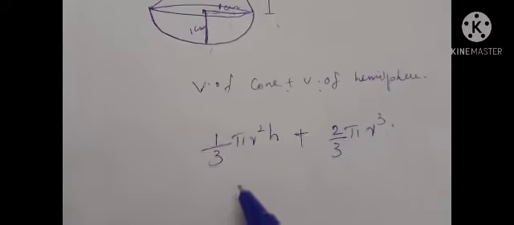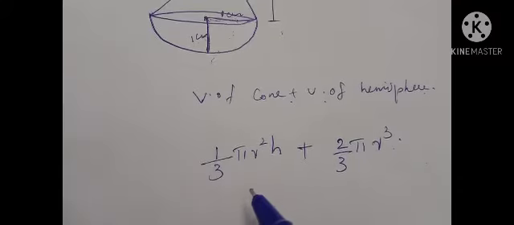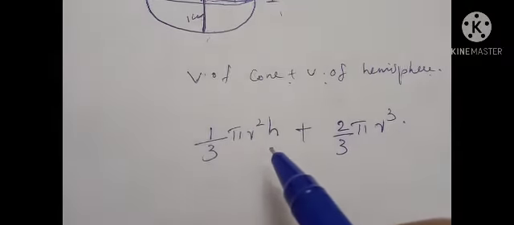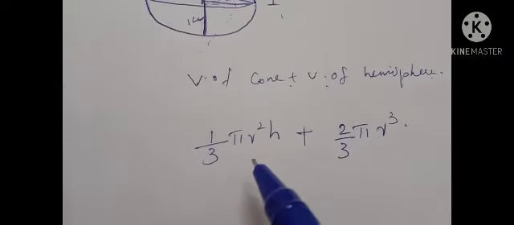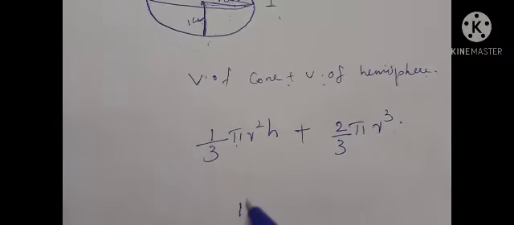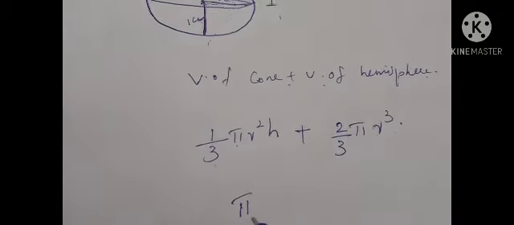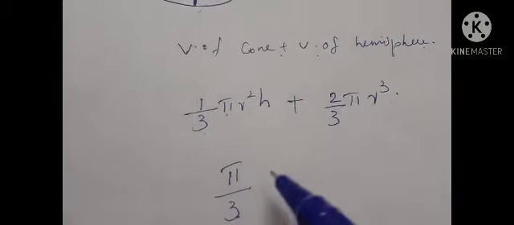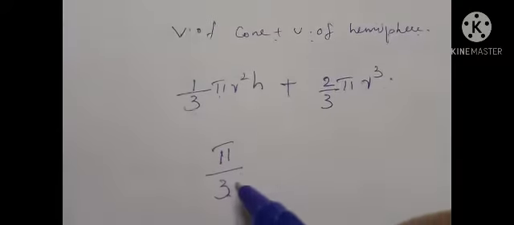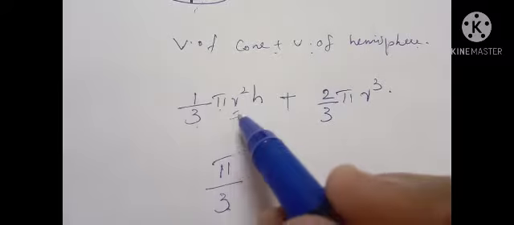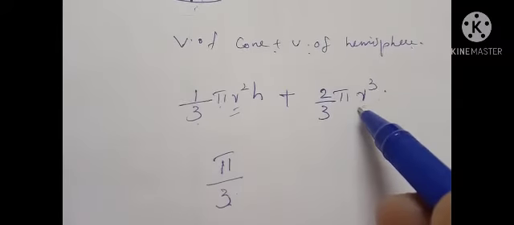Then we can substitute the values. Before that we can take the common factor outside. Which are common? Pi and 1 by 3 are common. Then one more thing: here r square, here r cube.